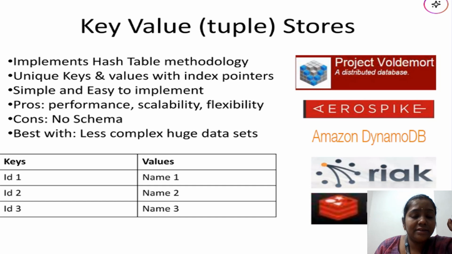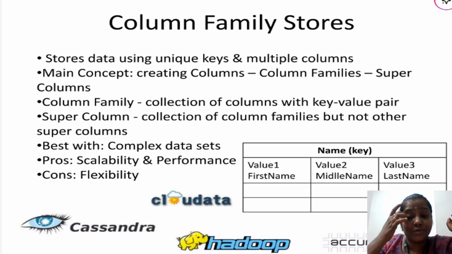The second type is column family stores. Column family stores also store data with unique keys, but the previous one, key value tuples, has only a single column. When we go for column family stores, as the name suggests, it contains multiple columns.